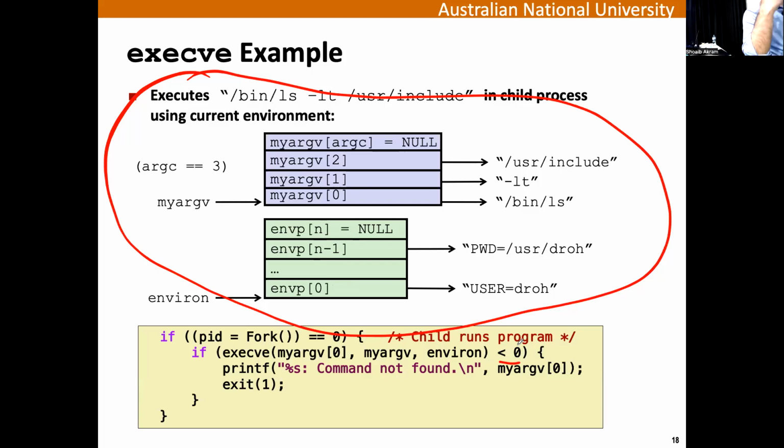We need to print that here. Otherwise, it will just run the program successfully, and that's it. If it cannot find the command, then it doesn't do anything. Then it doesn't override the address space, right?